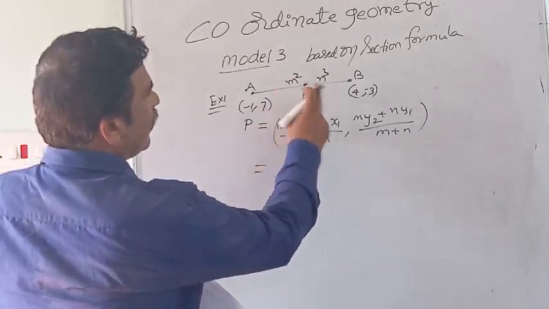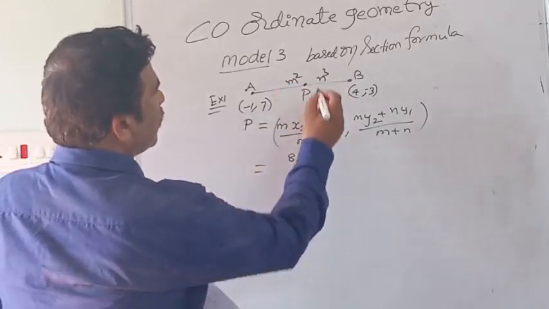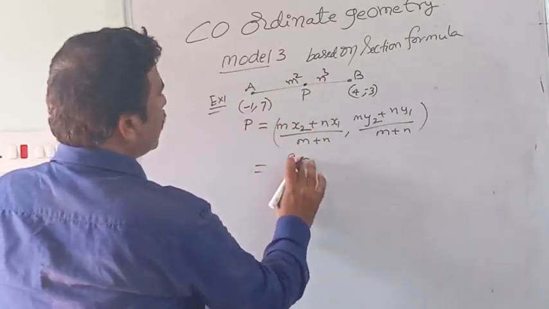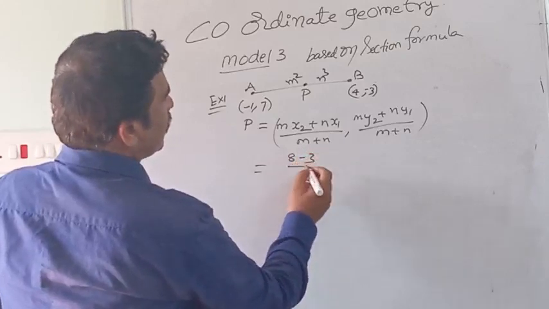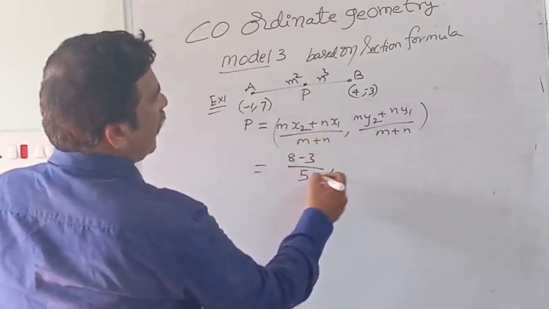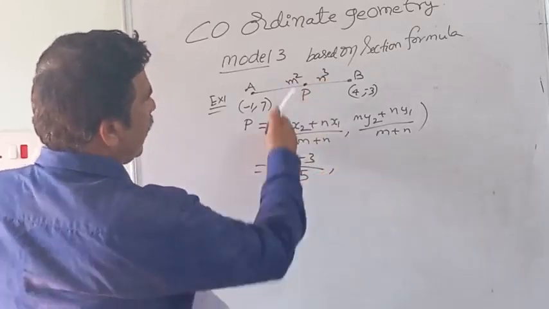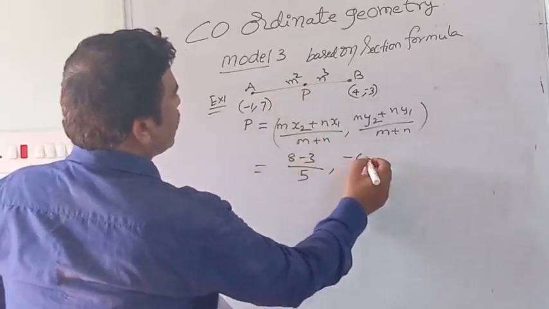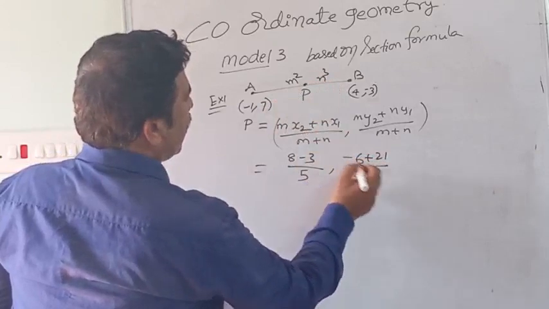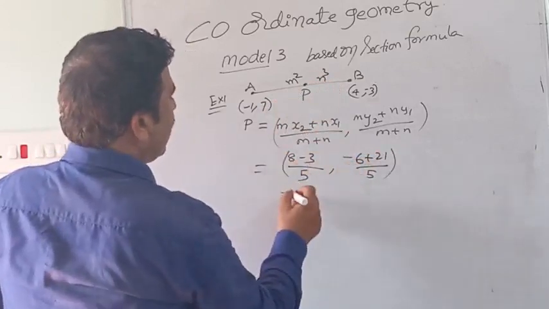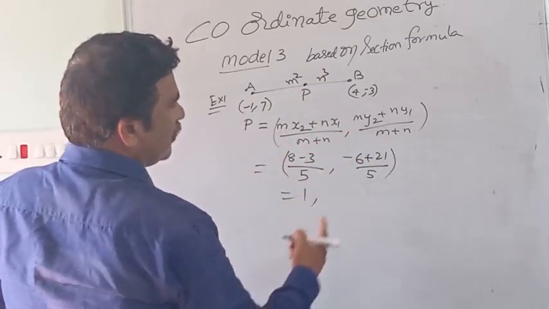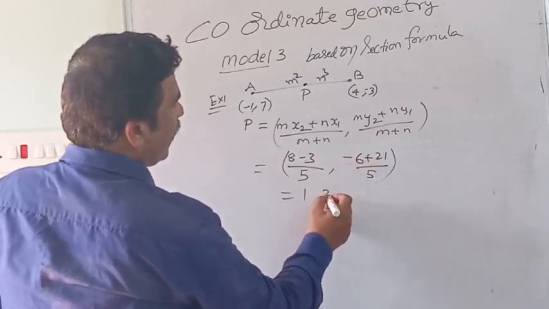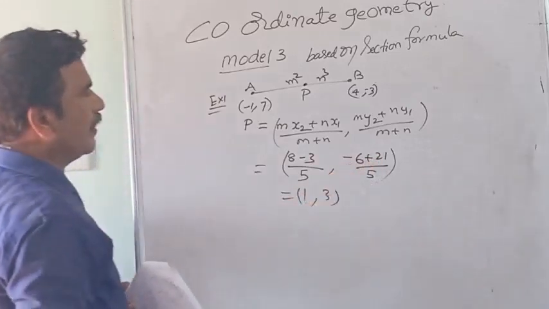What you will get? 2 into 4, 8. 3 into -1, -3, by 2 plus 3, 5. Same way, 2 into 7, 14, 3 into -6, -18, by 5. Simplify, 5 by 5 it is 1. This is 15 by 5, it is 3.